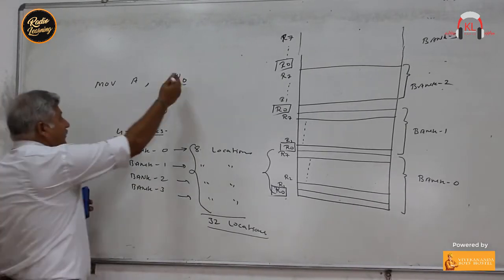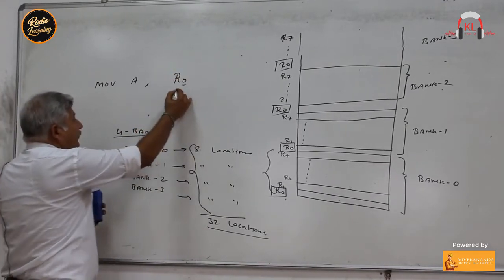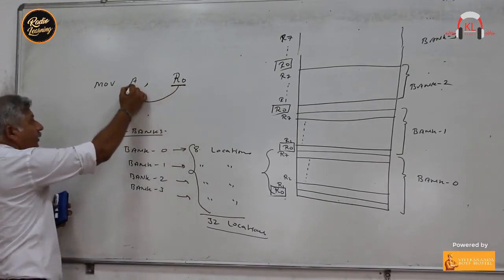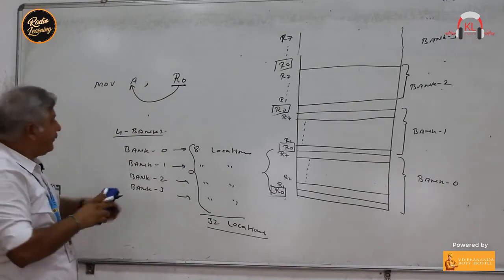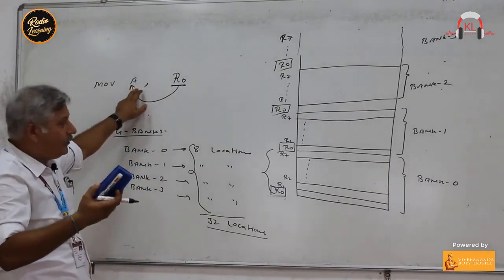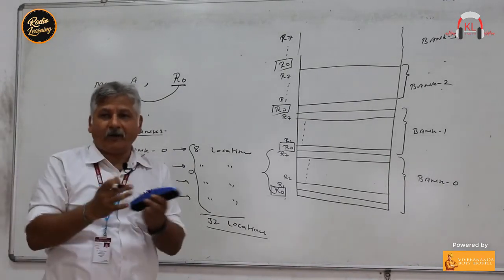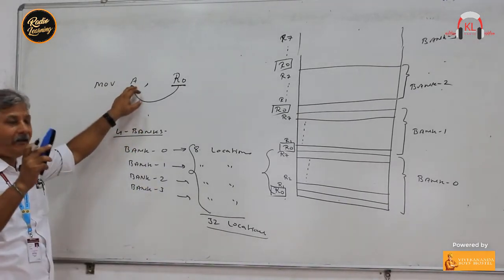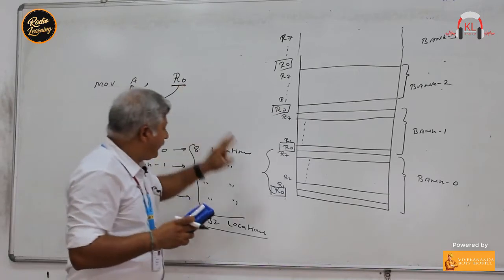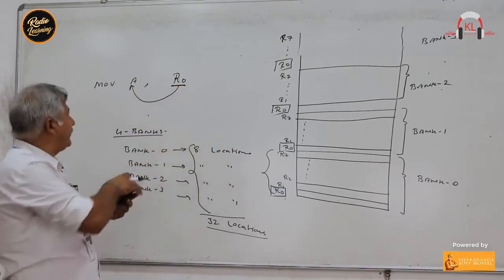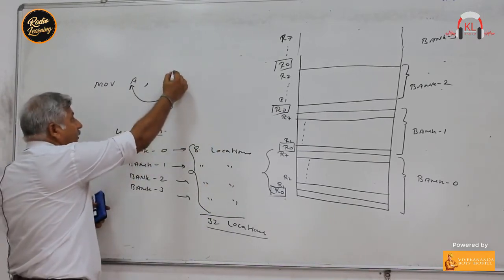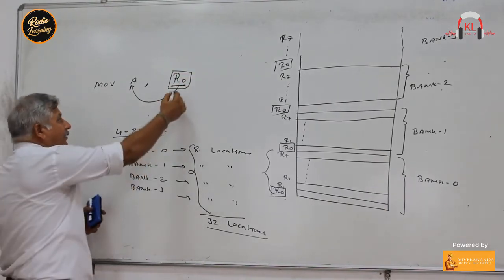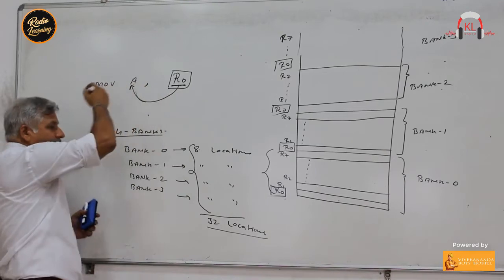The meaning of this instruction is that the content of R0 will be moved into register A, right? Register A is an accumulator, a part of your microcontroller. Inside the microcontroller, there is a storing place named A. And there is a register R0, right? If I have written this instruction, whatever is there in R0, that 8-bit data, will be moved into the A register.